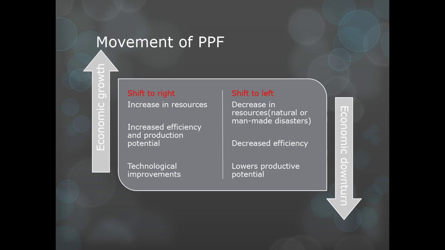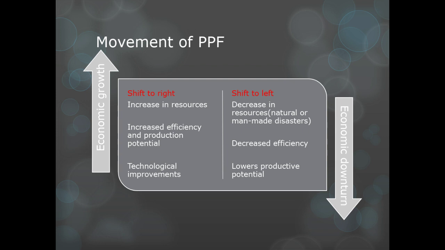So here in this particular table you can see different reasons for a forward shift, that is a shift to the right. Some points are given: the increase in resources, labor resources or any other resources, increase in efficiency and production potential, and technological improvements. All this will contribute to a forward shifting production possibility frontier.